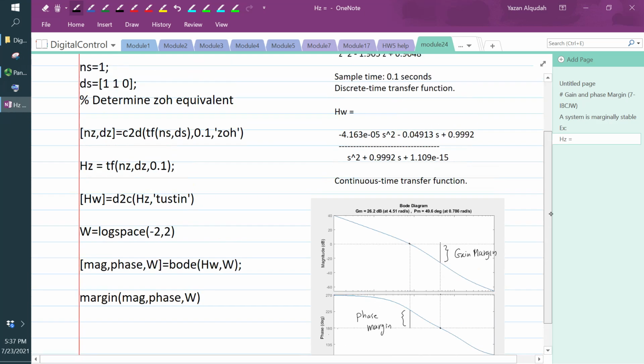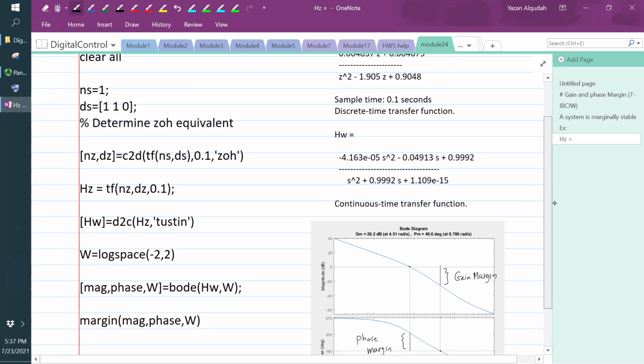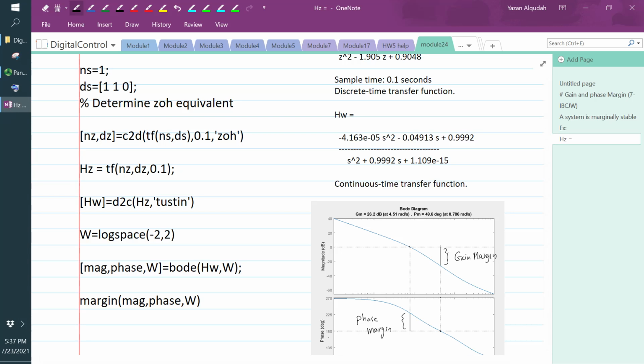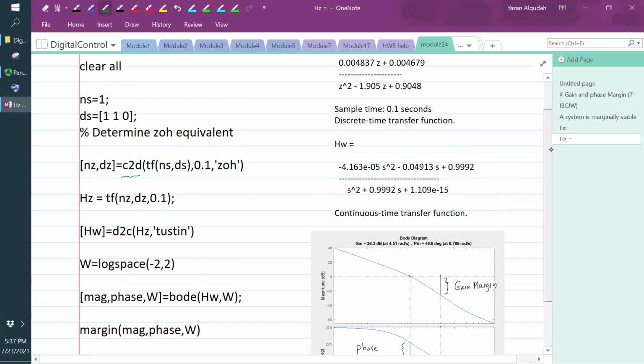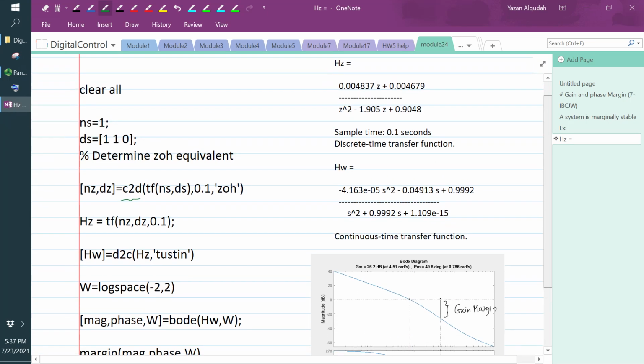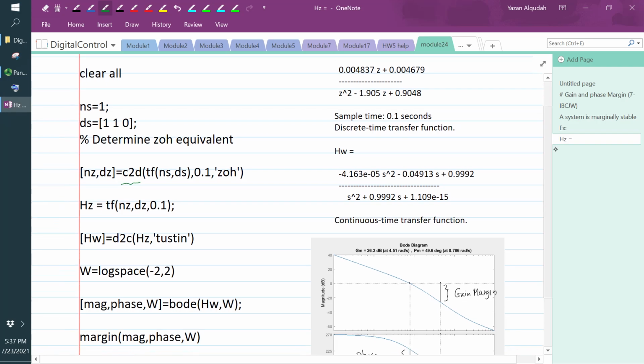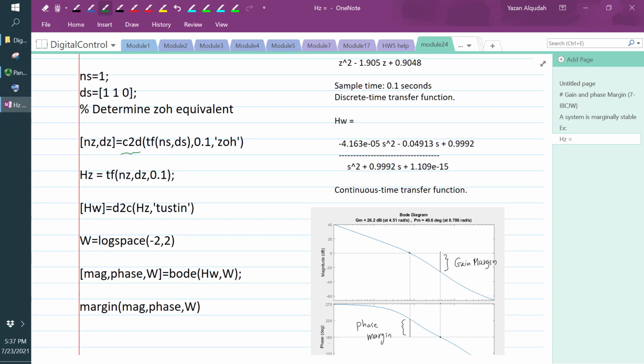And to do that in MATLAB, I have the commands here, but first we're going to get the discrete time representation of the continuous time system. This is the continuous time system, NS, the numerator, DS, the denominator. I'm using Octave, so it needs a transfer function, TF, to create a system.